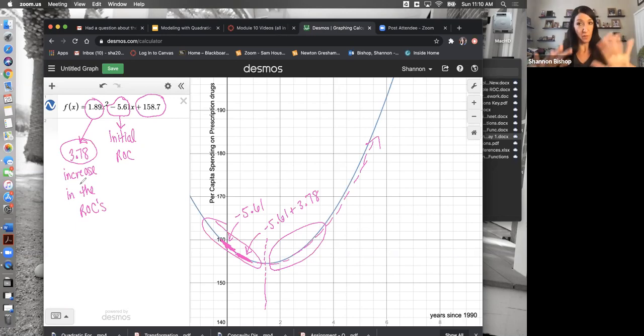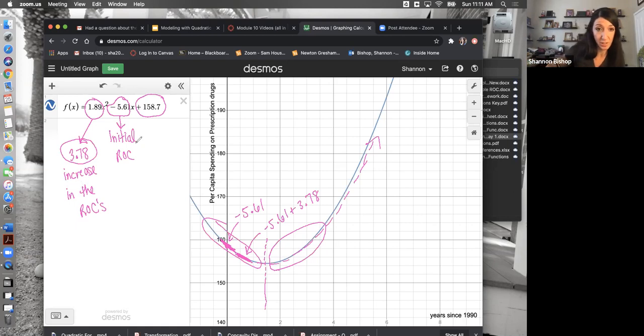So the full story of this parabola is that yes, in 1990, people were spending $158.70 per person on their prescription drugs. Those spendings were initially dropping in 1990 by $5.61 per person that year. However, those decreasing amounts were not decreasing forever, they were increasing.